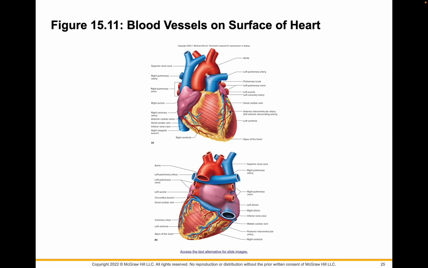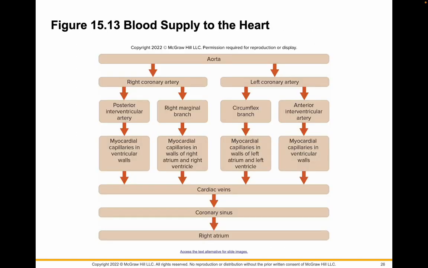And wherever there's arteries, we're going to see veins associated. So here's these coronary veins picking up the used blood from the heart and going to dump it into the coronary sinus and into the right atrium.